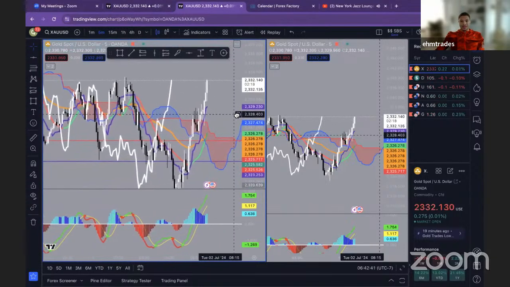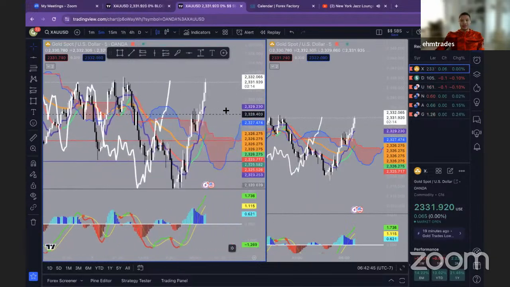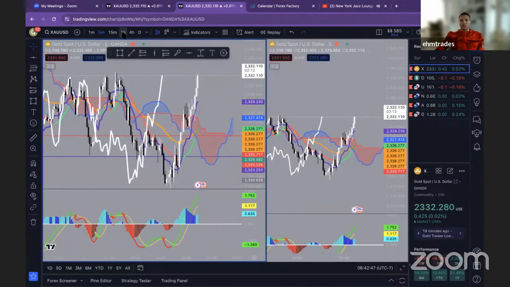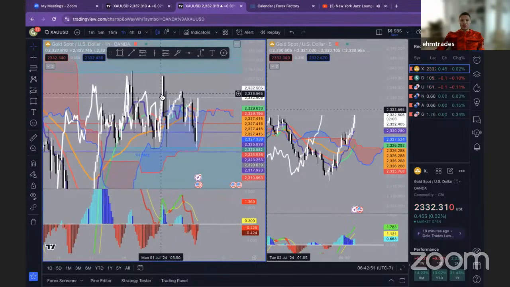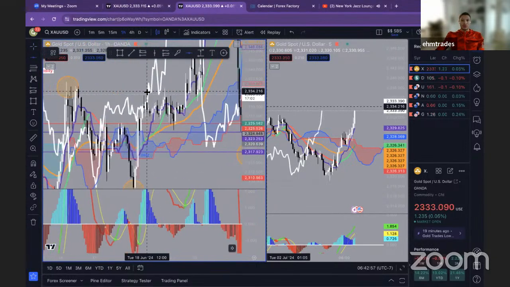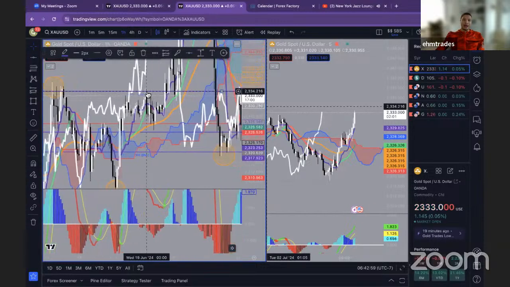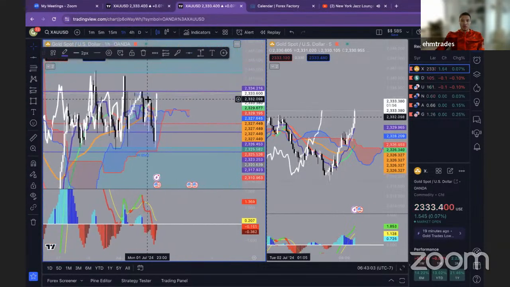As gold gets closer and closer there, I want to see how that lines up with the news, because this is one of those instances where, of course, it's all speculation. But I have an idea of where price could travel. Having an 8 hour decision making zone, I have an idea of when price could turn around.